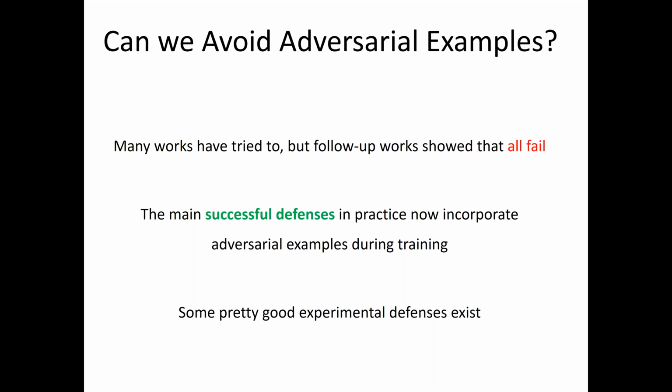Now, some of the more experimentally successful defenses in practice tend to work by incorporating adversarial examples during training. So they don't just train on the standard labeled training dataset, but they also include newly generated adversarial examples in that process, on more data, if you like.